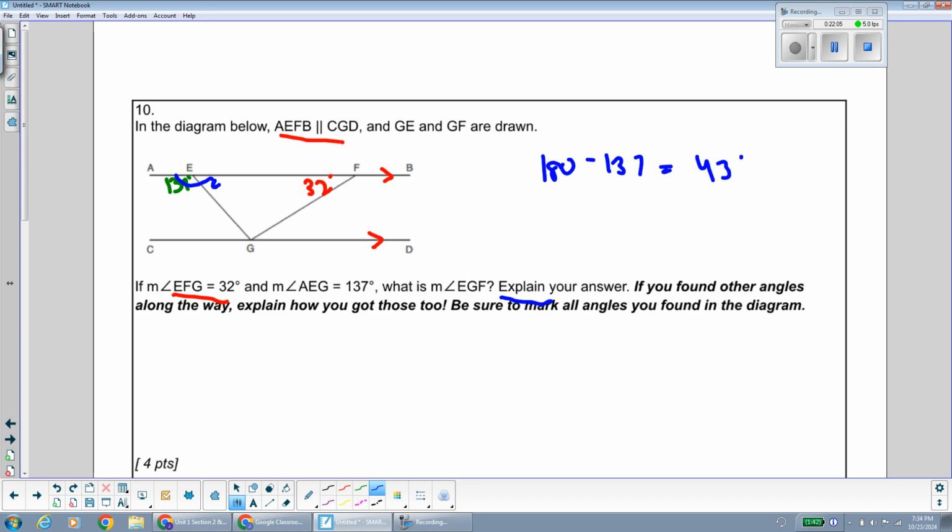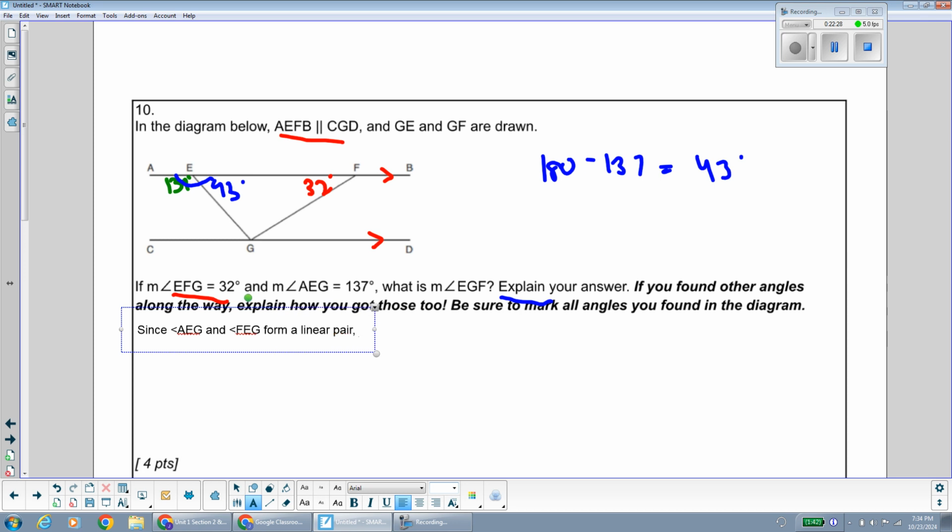Once again, this doesn't count because it's not in writing. I'm going to take a second, and before I forget what I just did, I'm going to put it into some writing. Since angle AEG and angle FEG form a linear pair, angle FEG is 43 degrees because 180 minus 137 is 43.